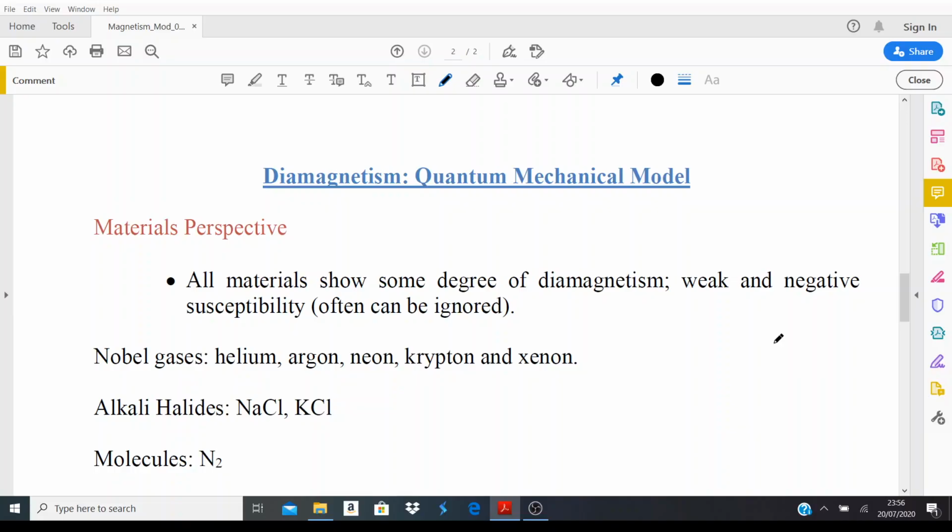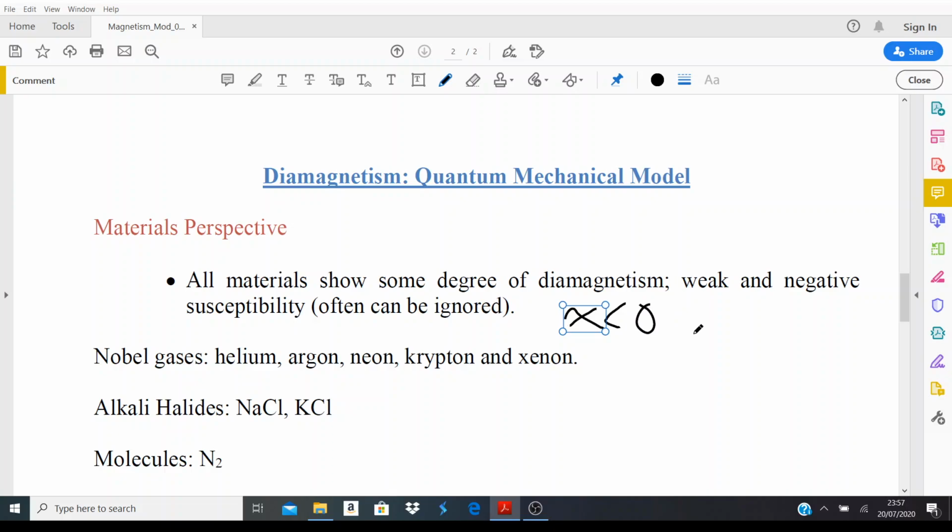So let's ask first, what type of materials usually diamagnetism can be seen? The answer is, it turns out all the materials we have, they have some degrees of diamagnetism inside them, but it could be weak. And by diamagnetism, we mean negative susceptibility, right? We know that for diamagnetic material, the susceptibility is always negative.